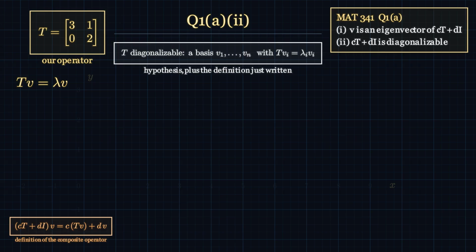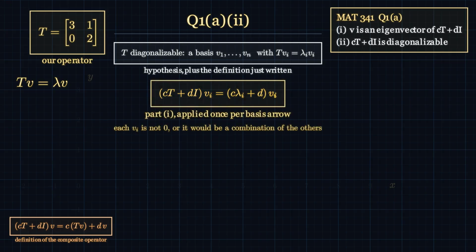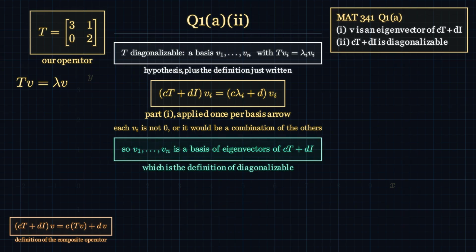By part 1, applied to each basis arrow separately, every one of those arrows is also an eigenvector of the composite operator, with its own eigenvalue transformed by the recipe C times it plus D. Line 3. The conclusion. The very same set of arrows is therefore a basis consisting entirely of eigenvectors of cT plus dI. And that is, word for word, the definition of the composite operator being diagonalizable.